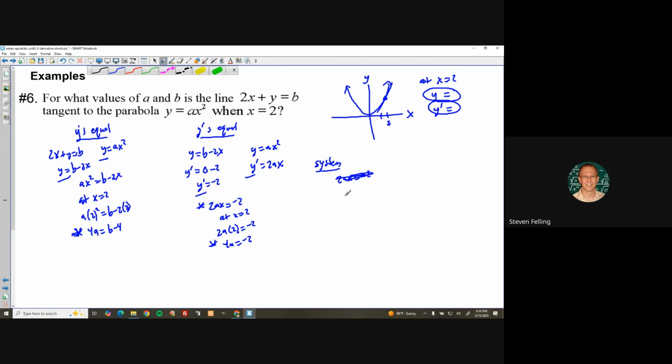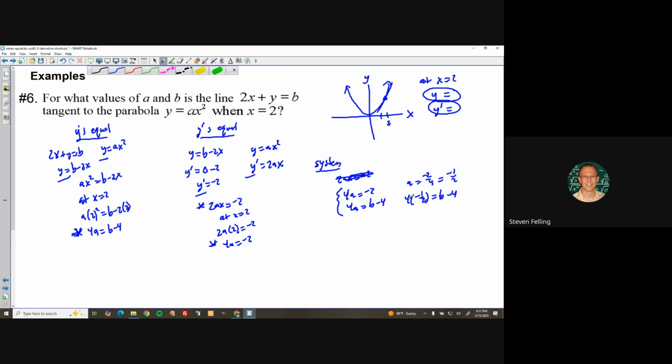So I have a system here that has the equation 4a is negative 2, and 4a has to be b minus 4. So solving that as a system, I could solve this for a first. A is negative 2 over 4, which is negative 1/2. Then I can substitute that in this equation. 4 times that negative 1/2 for a has to be b minus 4.